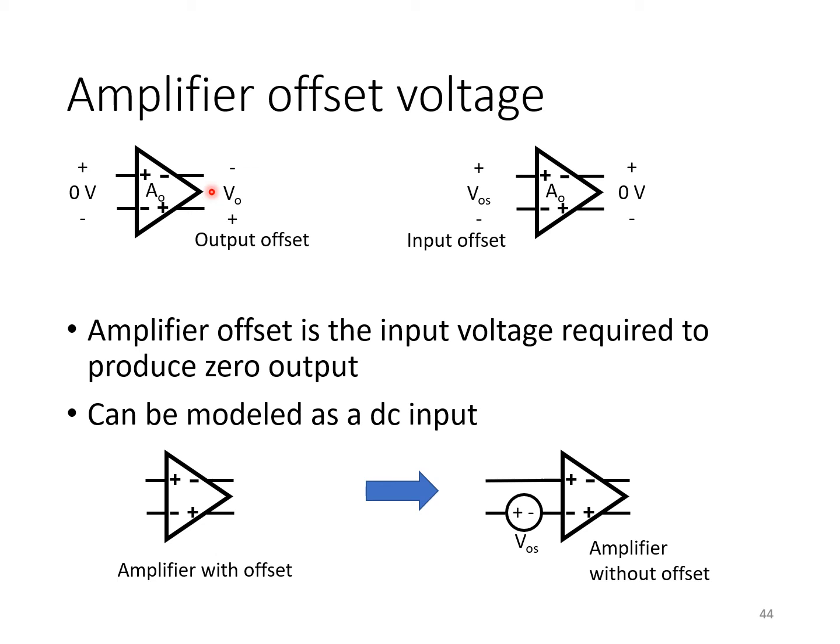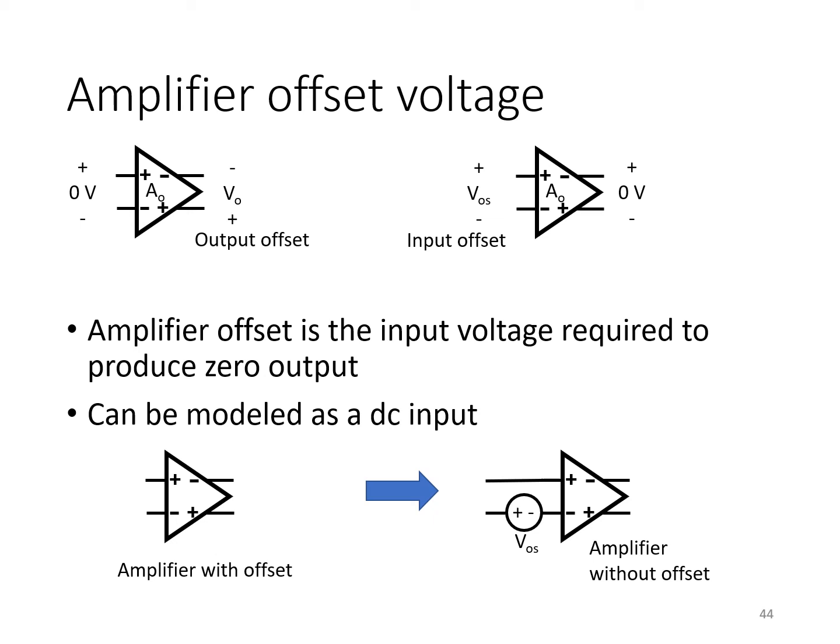So we can model an op amp with offset by introducing a DC voltage in series with its input. In general, you can model the offset in series with either input terminal, but it may be more convenient to do so at one or the other, depending on the circuit configuration.